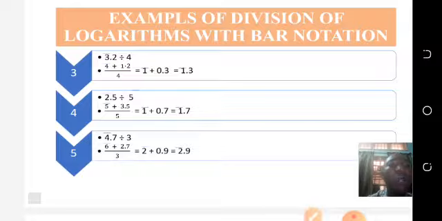Examples on division of logarithm with bar notation. Let's see example 3. Bar 3.2 to be divided by 4. We cannot use 4 to divide 3 because 3 is not a multiple of 4. So what are the multiples of 4? Good, 4.